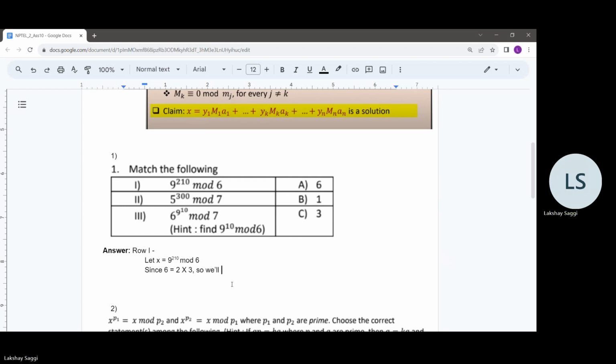So instead of finding 9 raised to power 210 mod 6 directly, we'll instead find the values of 9 raised to the power 210 mod 2 and 9 raised to power 210 mod 3.